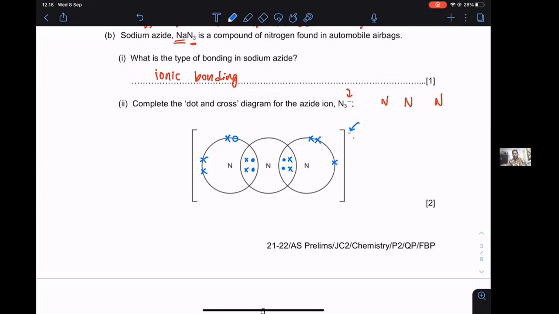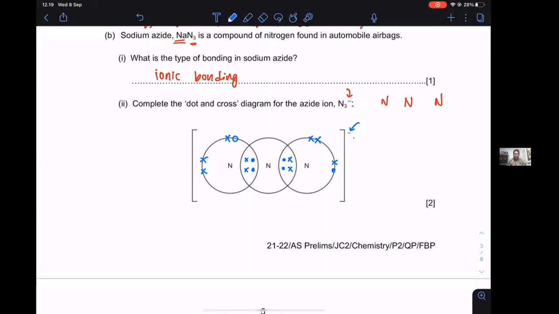Is it coming from outside or from inside? My answer is it's coming from the nitrogen itself. In this case, because only one electron is coming from outside, I can just put that this electron may be coming from here. I just put one dot here.